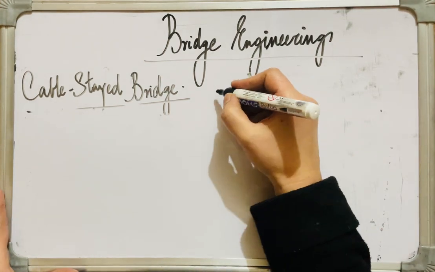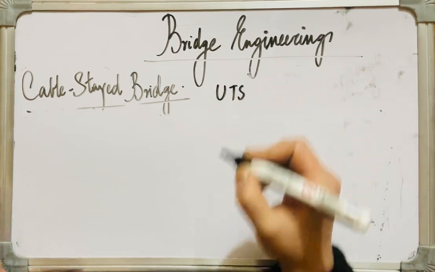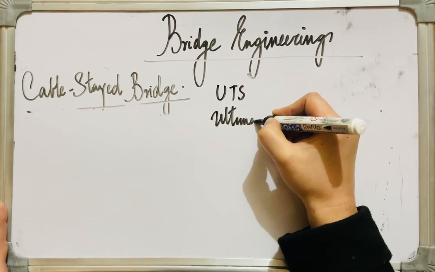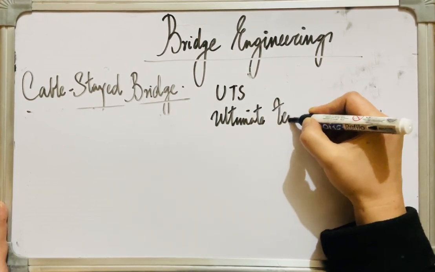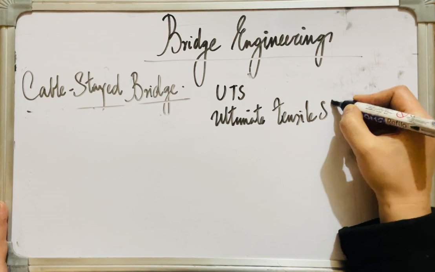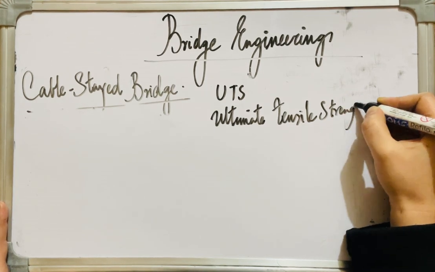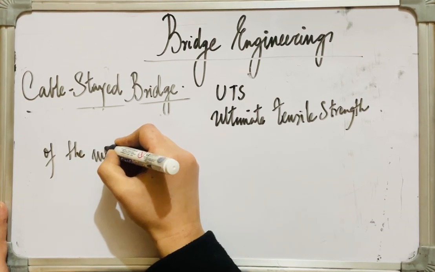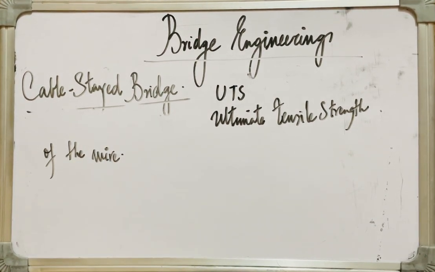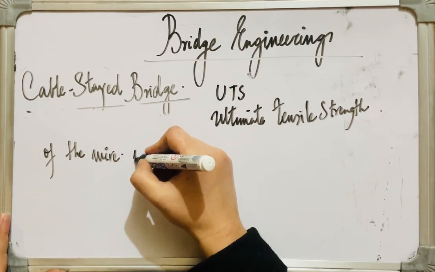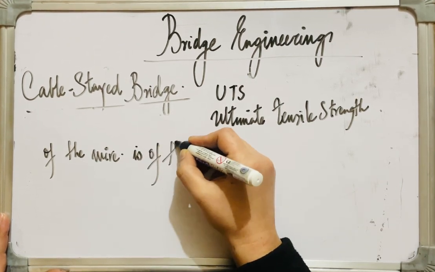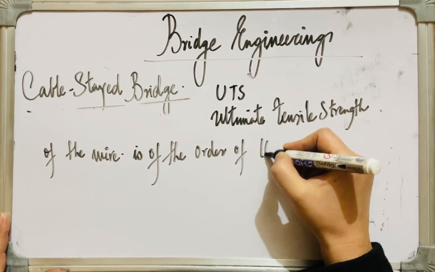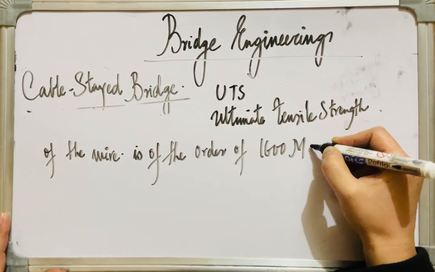The UTS, the ultimate tensile strength of the wire which forms these stay cables is of the order of, or should be of the order of, 1600 MPa.